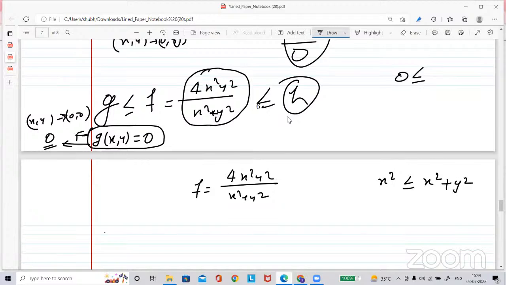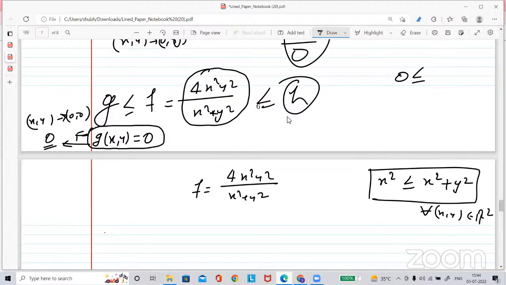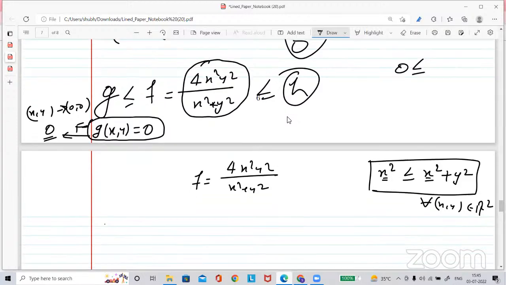So let's assume we are adding x square plus y square. This is always true for all x and y belonging to R2, because it is the same number with just a small extra number added here. So this is going to be true for all x and y.